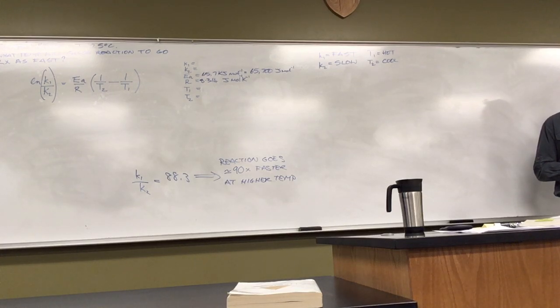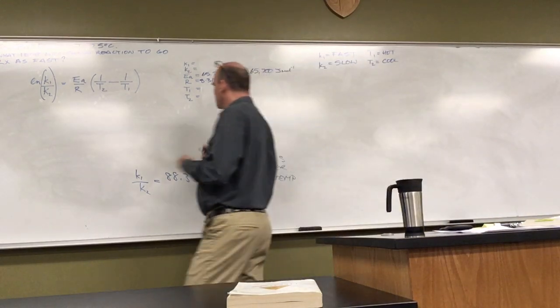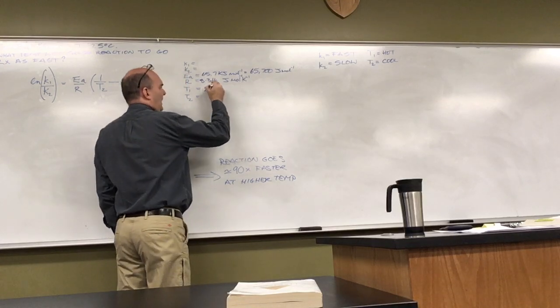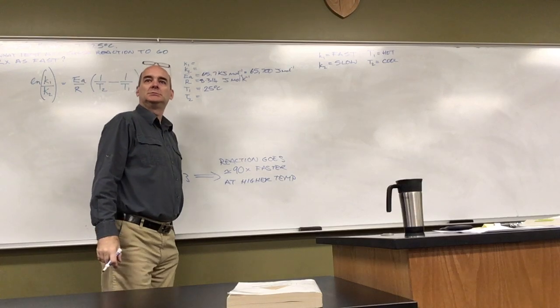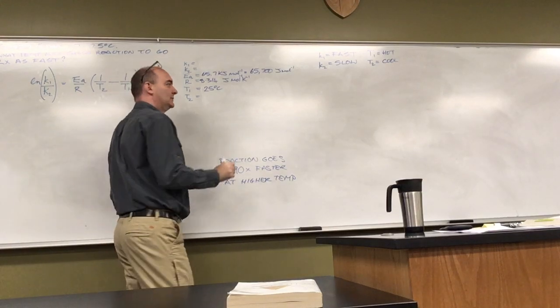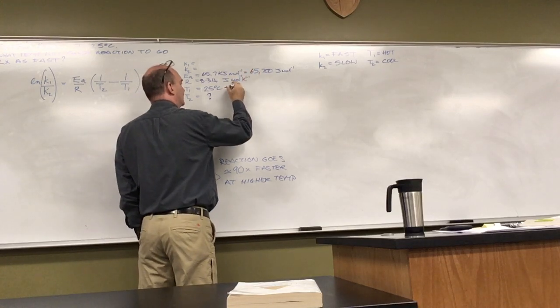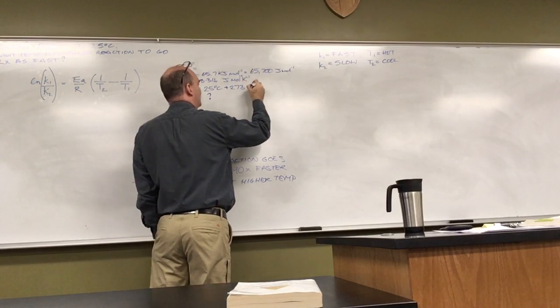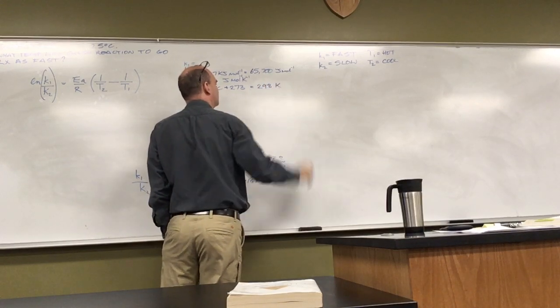Higher, because increasing temperature increases the rate constant. So I'm going to make my first temperature be the 25 degrees Celsius. Second temperature, I don't know. That's the thing that's being asked. So 25 plus 273 is 298 Kelvin.